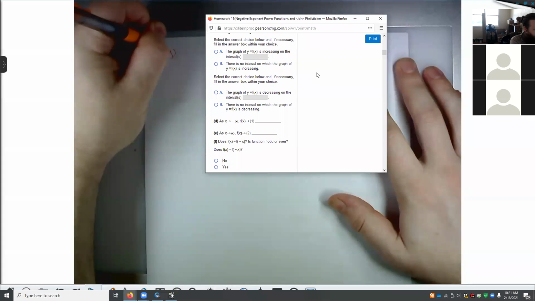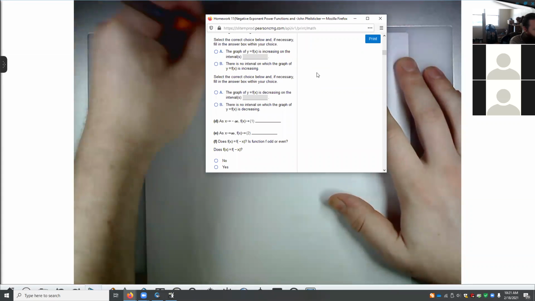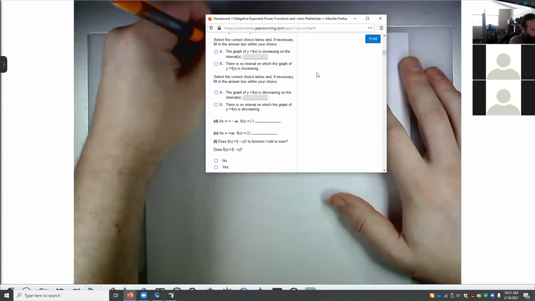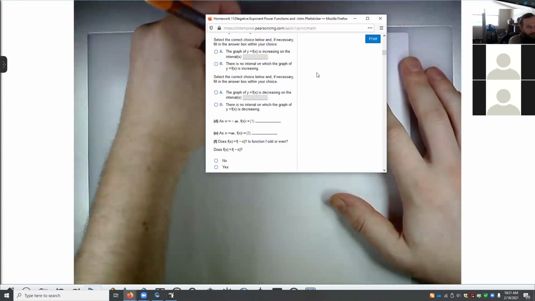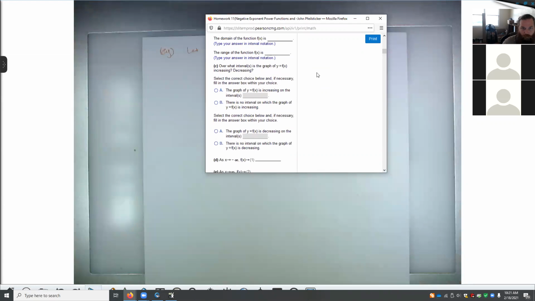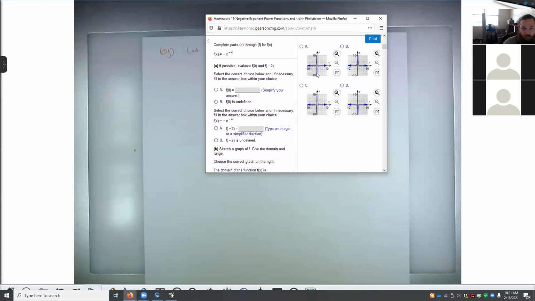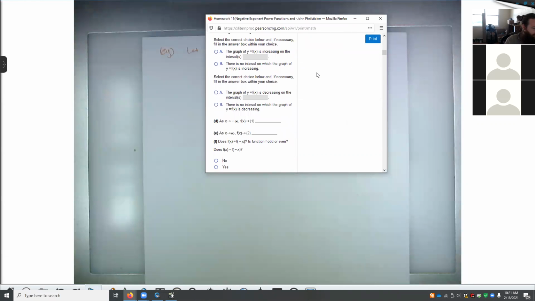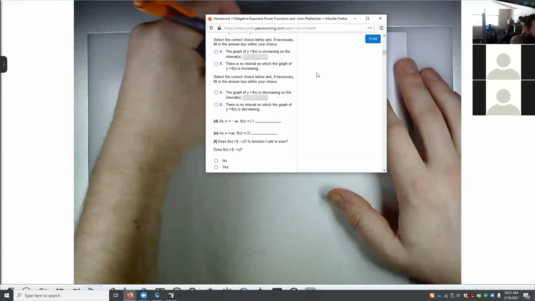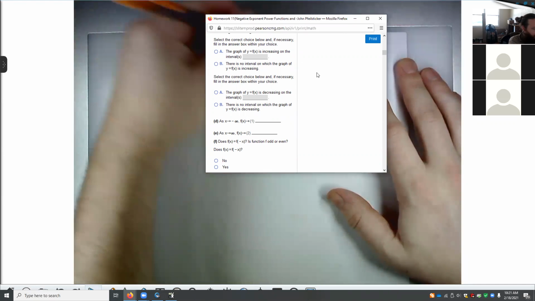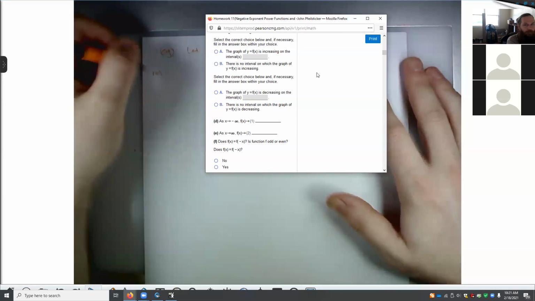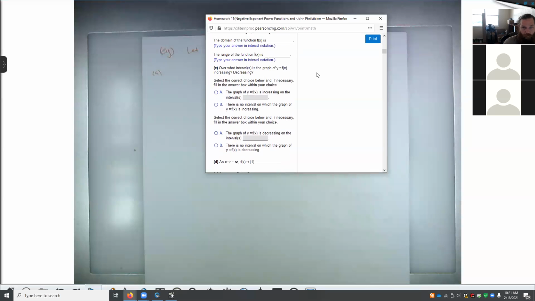I'm not going to do exactly this problem, but I'll do one very similar. Did they give us a non-trivial coefficient? Yeah, okay. Negative next to -2. We want to evaluate at a few points.